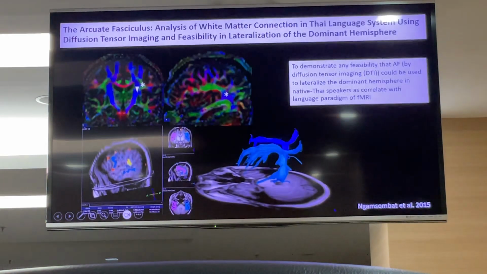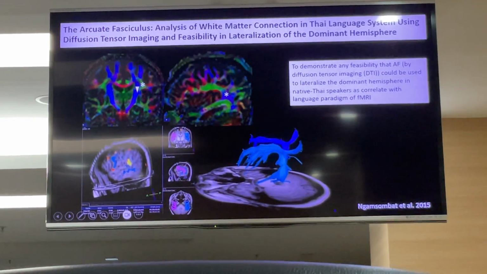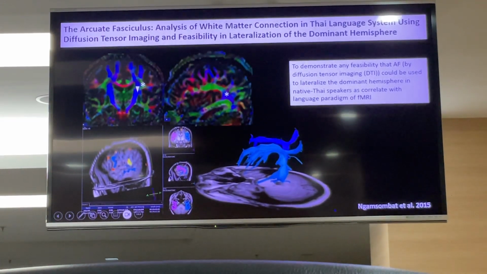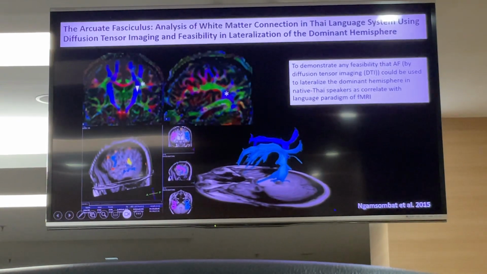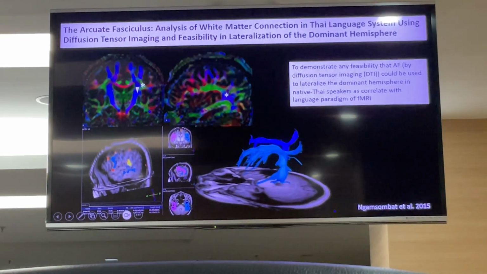This is one of my first research studies, conducted in Thailand more than 10 years ago, when we were trying to learn about diffusion imaging. I used DTI to track the arcuate fasciculus in Thai speakers, in normal subjects. I wanted to lateralize the dominant hemisphere.